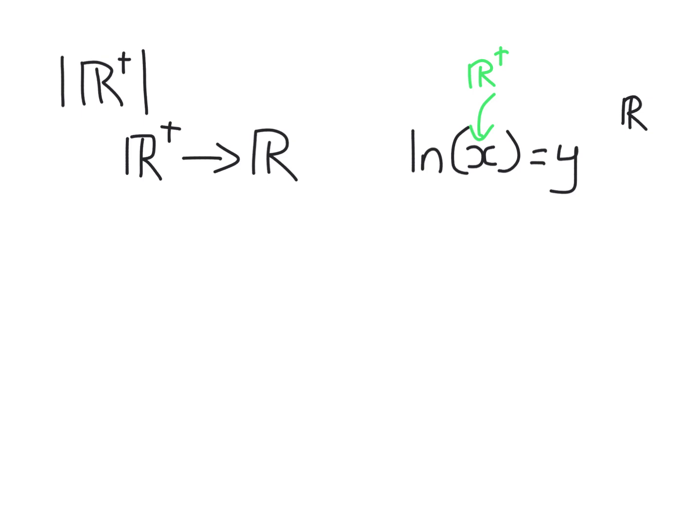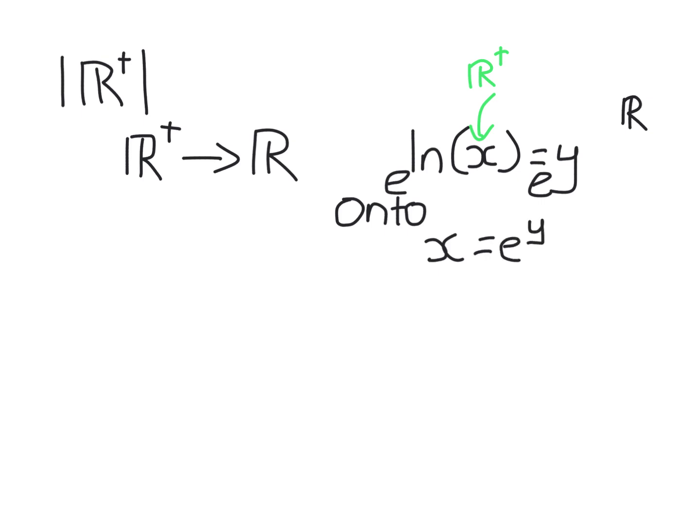We just don't know yet whether or not it's a bijection. So let's check whether it's onto and 1-to-1. Now this map is clearly onto because every y value, every real number, gets mapped to. We can simply raise e to the power of each side. Now e to the power of ln x is just x, and e to the power of y we just write as that.